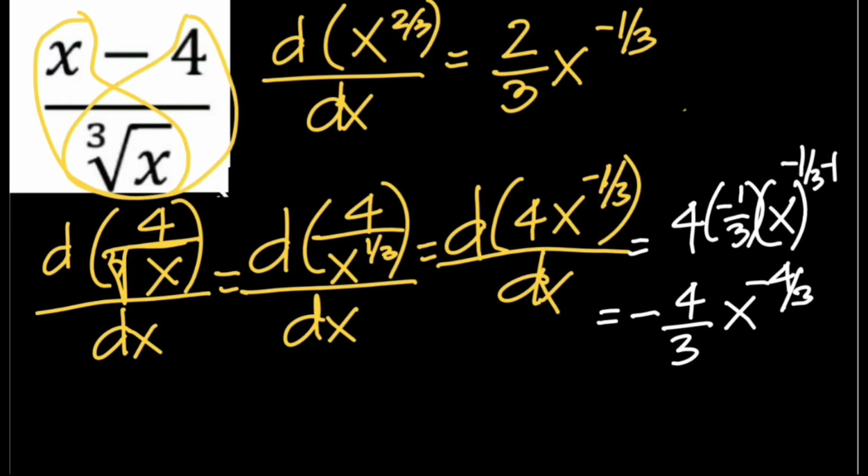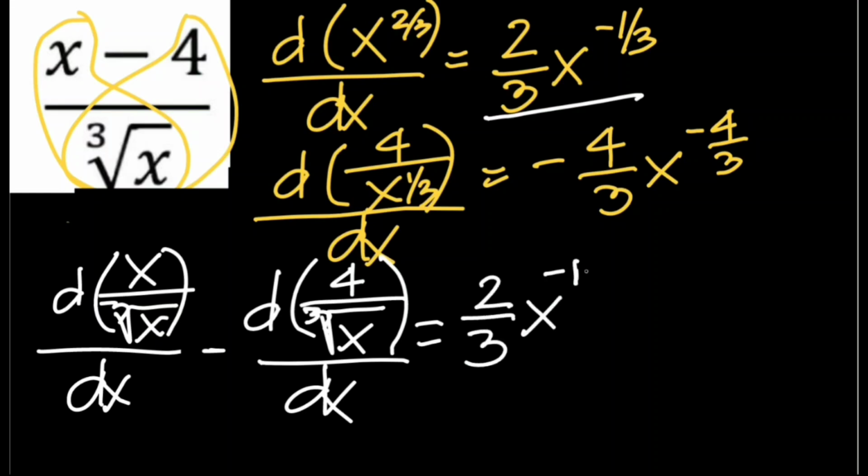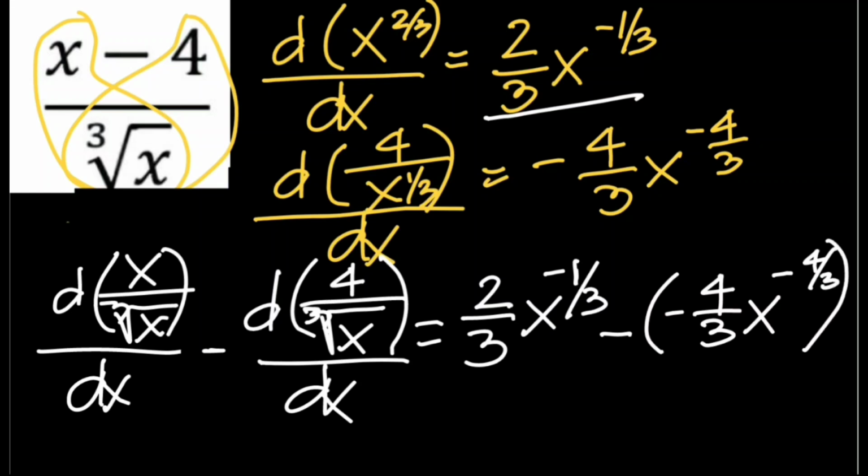Now we can subtract them, right? So the derivative of x over cube root of x with respect to x minus the derivative of 4 over cube root of x with respect to x is 2/3 x to the negative 1/3 minus negative 4/3 x to the negative 4/3.